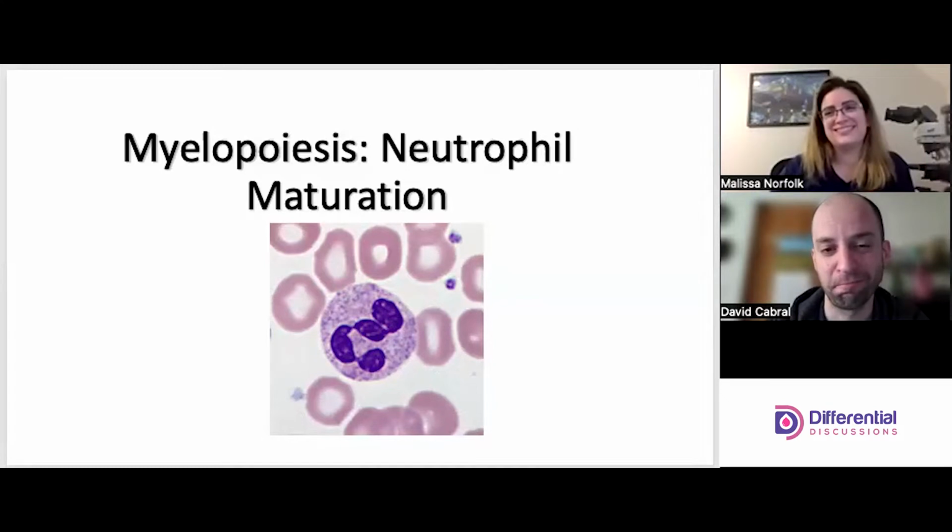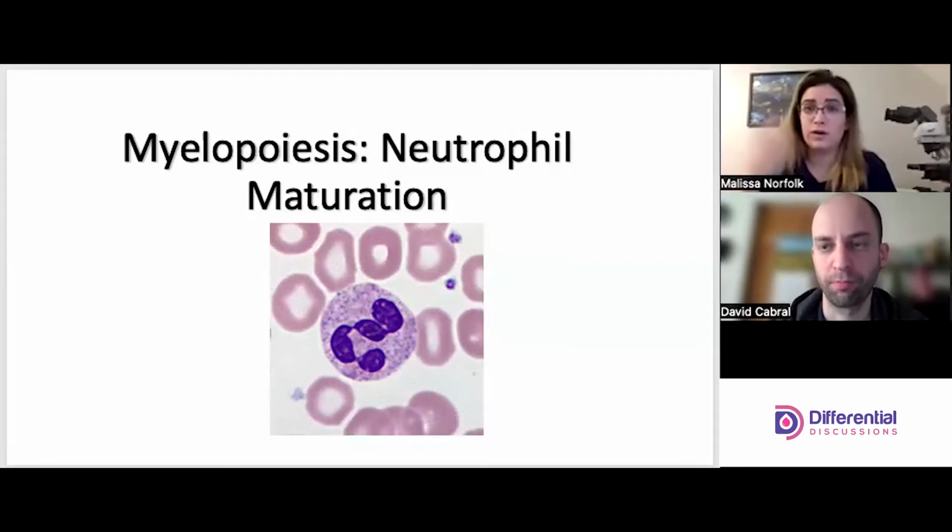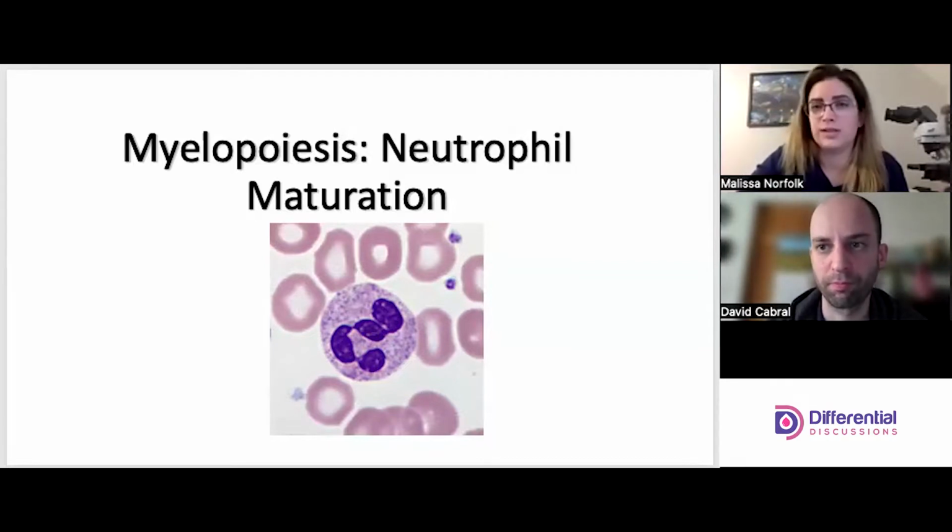So we thought we'd start off with talking about neutrophil maturation before we moved into any of the abnormal states. We've already done a normal diff, and that included white cells and reds. So we figured start with normals for whites, and then we'll move on to the more abnormal stuff. Yeah, makes sense to me.